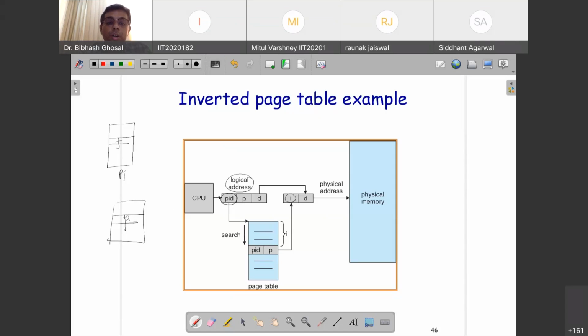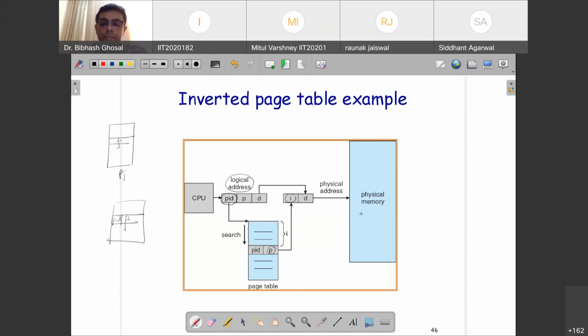But it is not enough to contain the page information. You must also associate a PID. Because if you don't attach this, you will not know which page of which process is in this particular entry. So now let's understand. The table contains a number of entries corresponding to the number of frames of the physical memory.